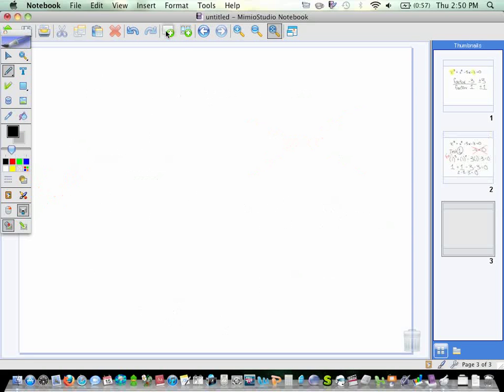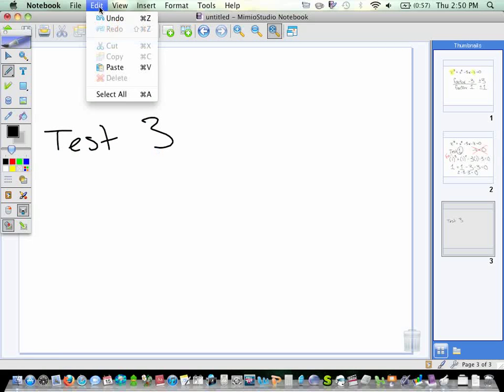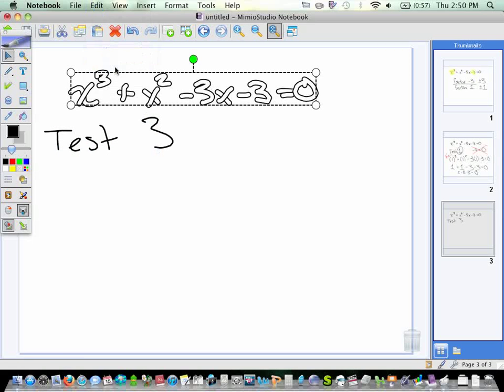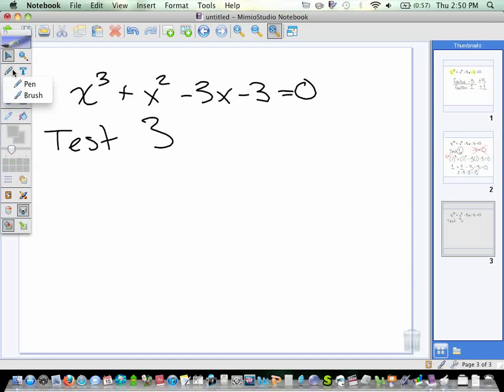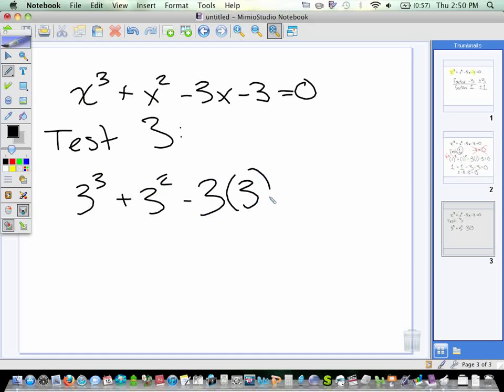Well, once you're done with that one, guess what? We get to try it again. Now let's take our next possible answer. So we're going to say test 3. Now I'm going to test 3 with all these numbers here. So I'm going to say 3 cubed plus 3 squared minus 3 times 3 minus 3. It's a lot of 3's.